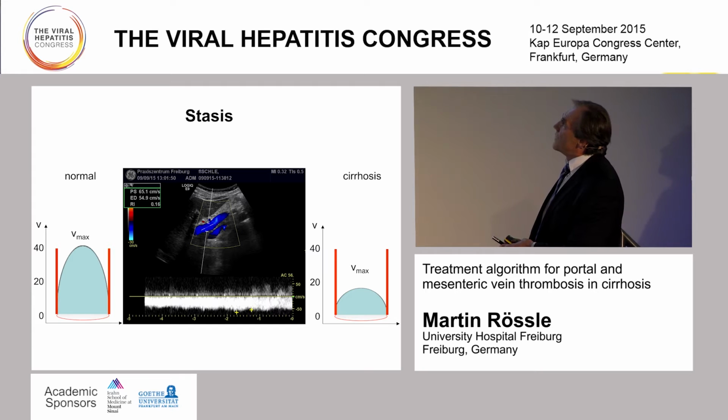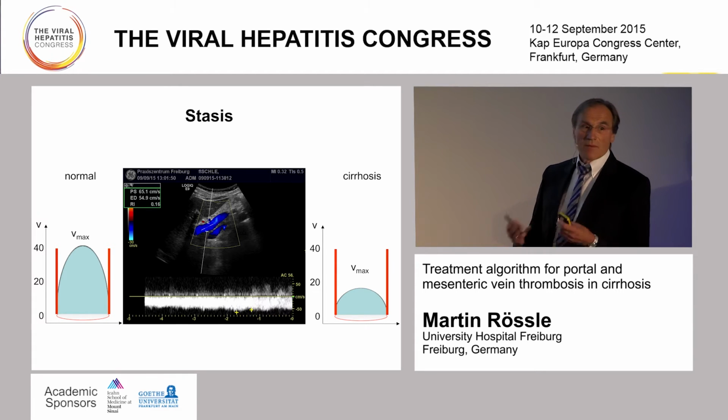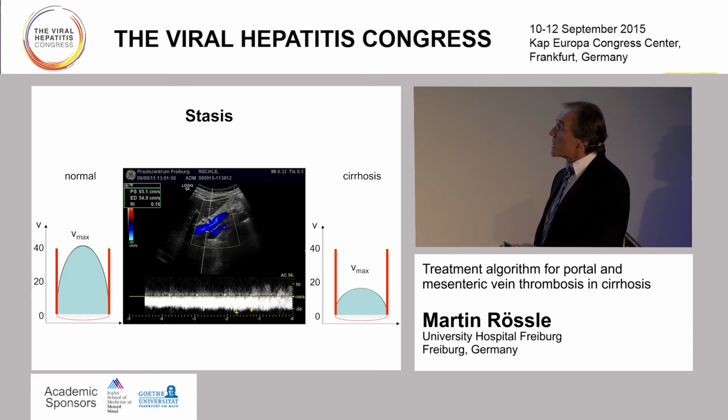And when you move towards the wall of the portal vein, the flow velocity of the particles decreases very rapidly, and at the border of the portal vein, you will have a flow velocity which is close to zero.